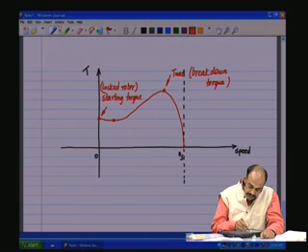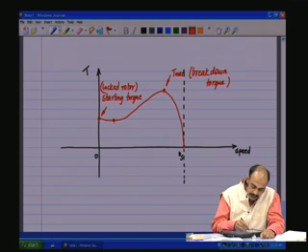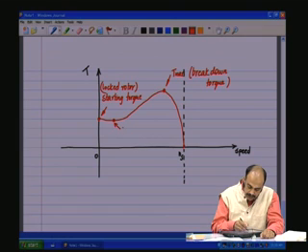And this point, of course, has a very small difference there. It is called the pull down torque, slightly lower than the starting torque, and that is called the pull down torque.